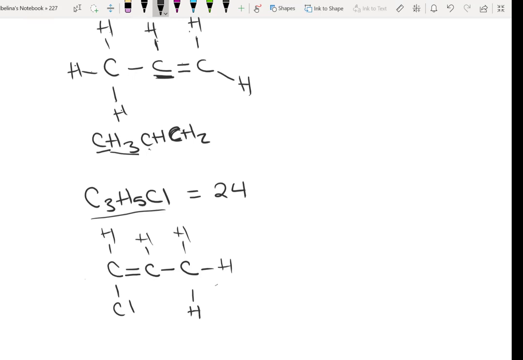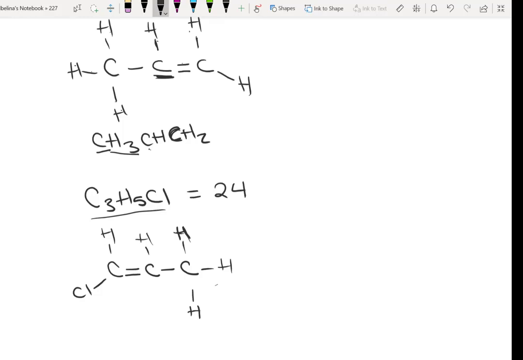Now that's not correct geometry, so if I want to fix this a little bit more, make that trigonal planar there. Okay, so I've used the correct number of hydrogens. I've used 5, chlorine, and I had to include that double bond. I just chose to put the double bond and the chlorine on the left.